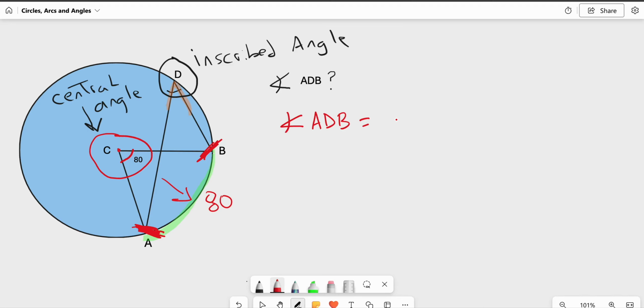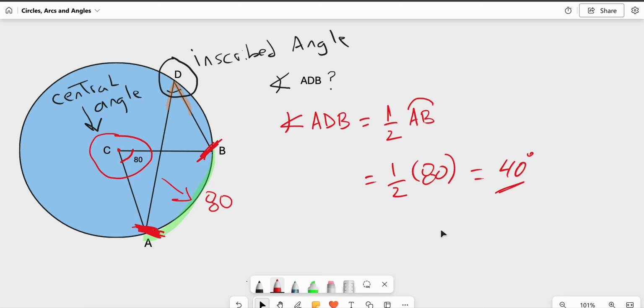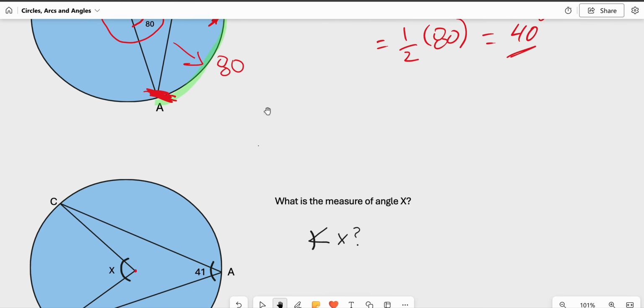Is equal to half the arc AB, is equal to half of 80, and this is equal to 40 degrees. Let's move to another exercise.